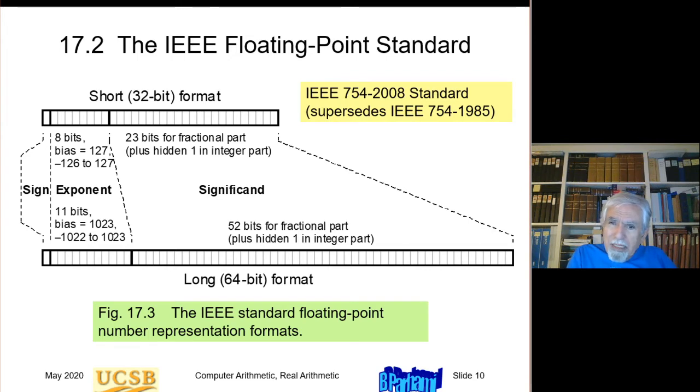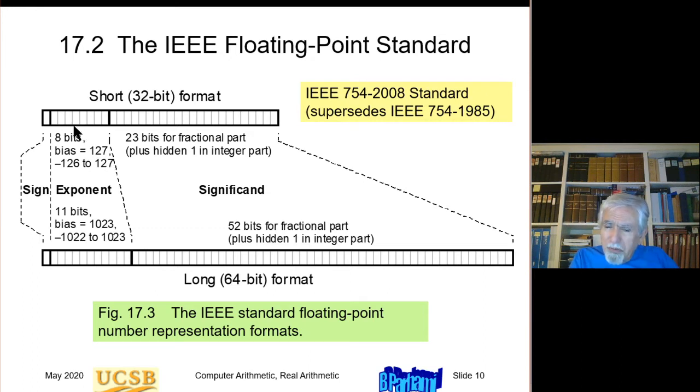The short format has an 8-bit exponent with a bias of 127. So the exponent values go from minus 126 to 127. So minus 126 when biased by 127 gives you 1. So when the number 1 appears there, that's the most negative exponent. 127 plus 127 is 254. When 254 occurs there, that's the most positive exponent.